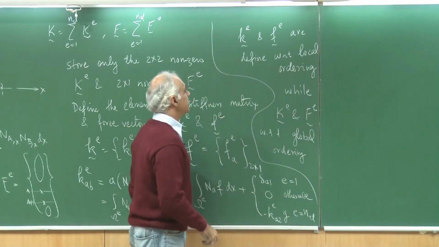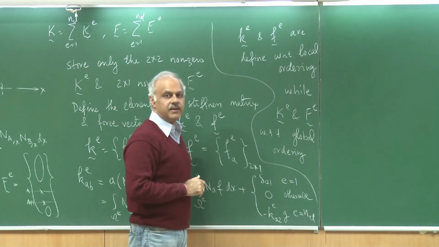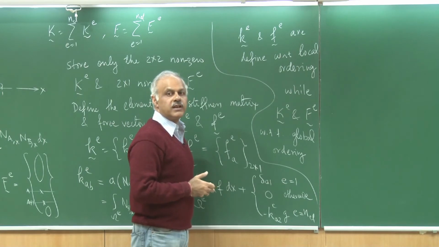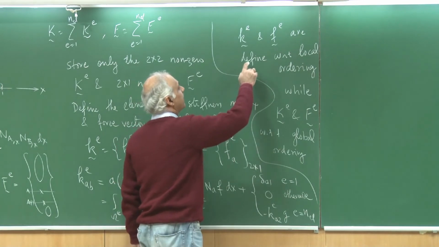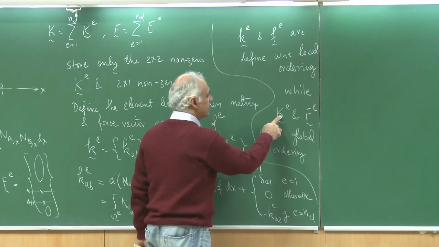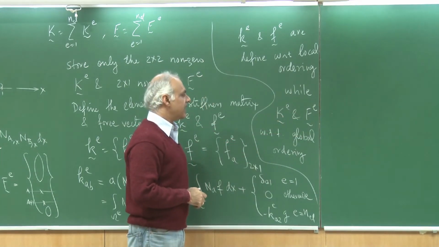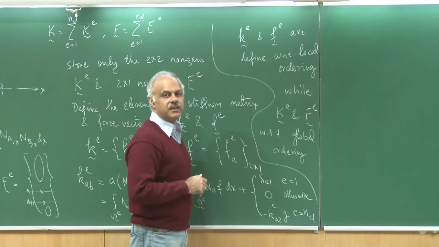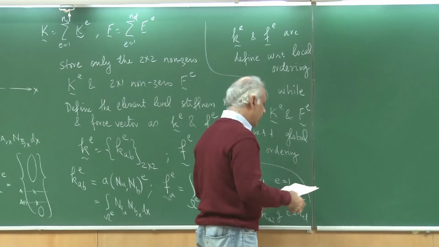As you will appreciate, small k and small f are based on the local element numbers. So, each element has only 2 node numbers, a left node and a right node. So, their subscripts a and b go from 1 through 2. On the other hand, K and F are global matrices, and they are defined on the global node numbers which go from 1 through n plus 1. So, that bookkeeping we need to keep track of.